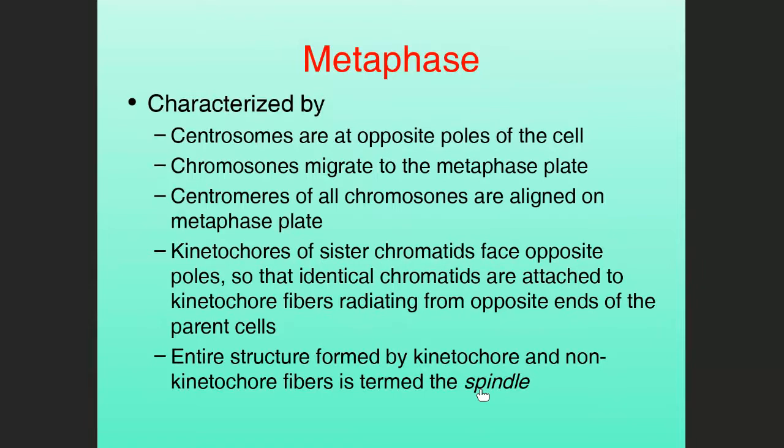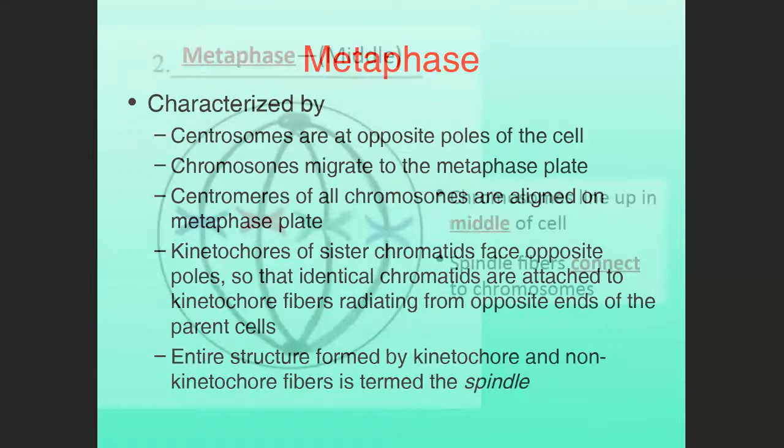The centromeres of all the chromosomes are aligned on the metaphase plate, and the kinetochores of the sister chromatids face opposite poles, so that the identical chromatids are attached to kinetochore fibers radiating from the opposite ends of the parent cell. The entire structure formed by the kinetochore and non-kinetochore fibers is termed the spindle.